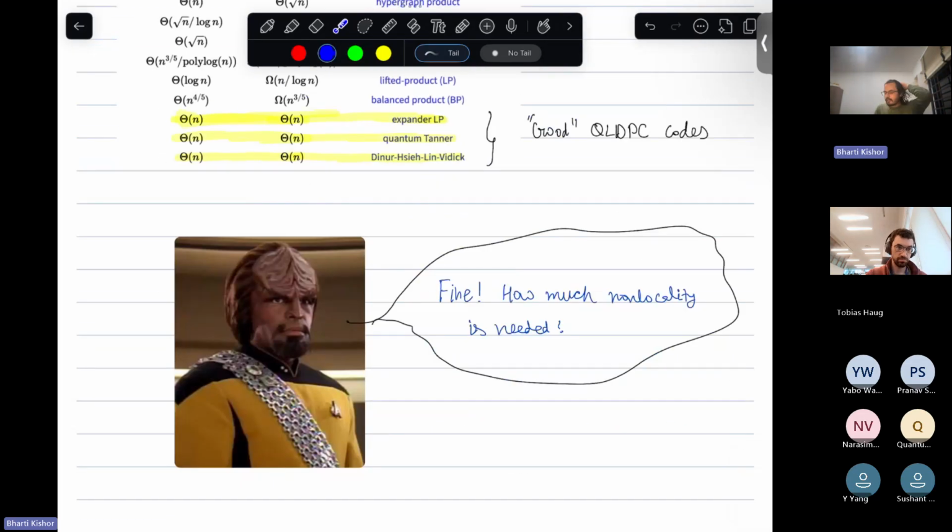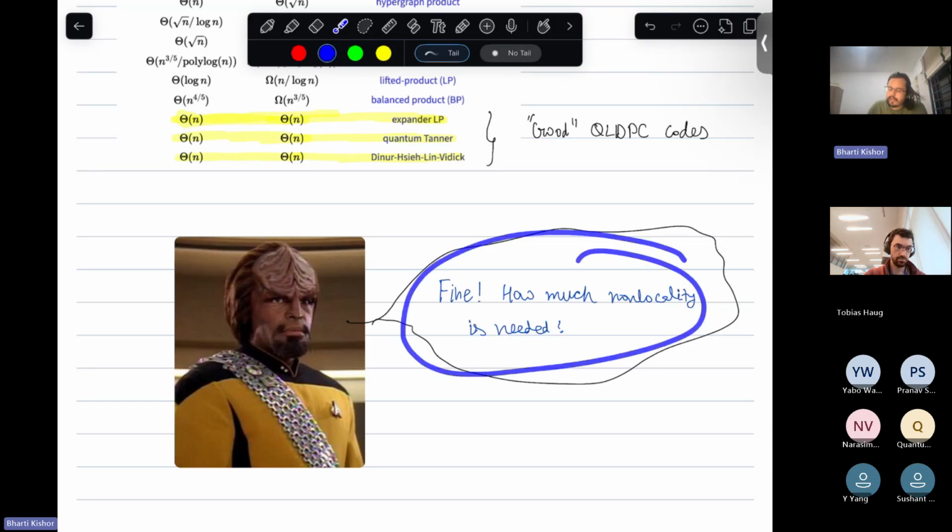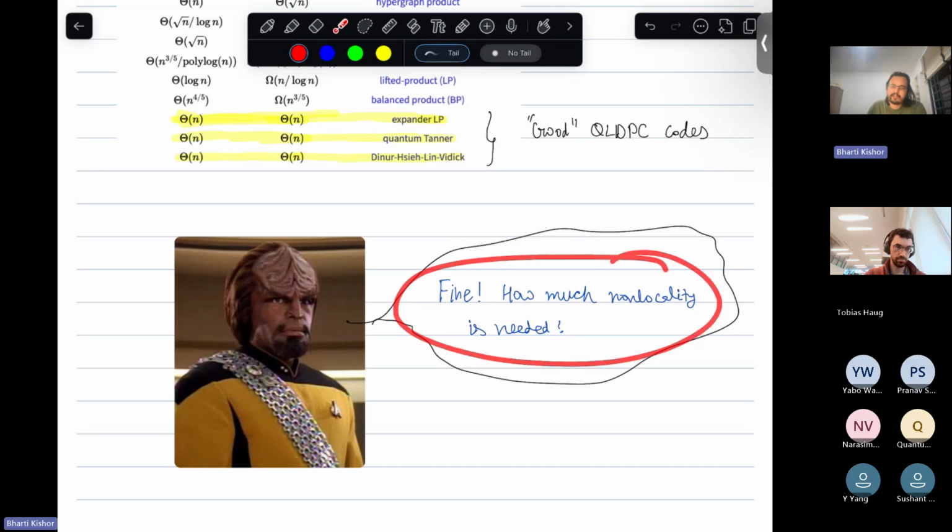So somebody can ask, sure, you need non-locality, but how much non-locality is needed? This is an important question that somebody can ask.